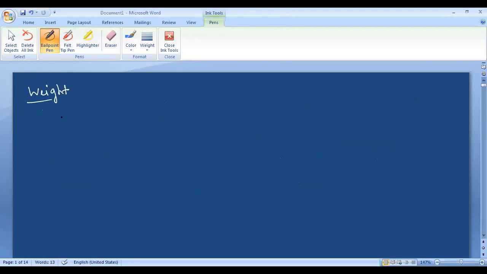The difference between mass and weight is that mass is constant, but weight is not constant. Weight depends upon the value of g. So this is the difference between mass and weight.